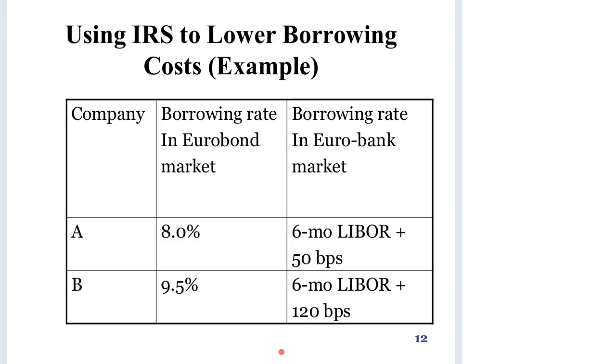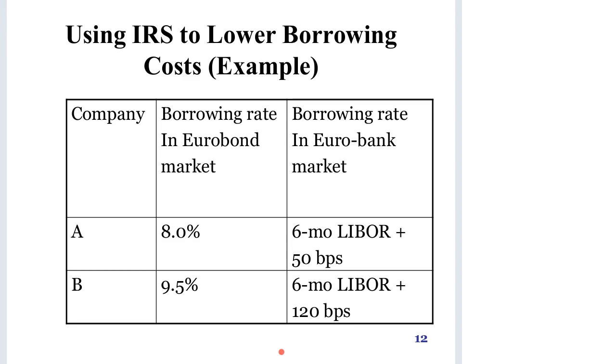The two companies are the same. The borrowing amounts are the same. Everything is the same. The only thing is that instead of borrowing in the fixed rate market, you're borrowing in the floating rate market, and that is causing the spread between the two companies to change.